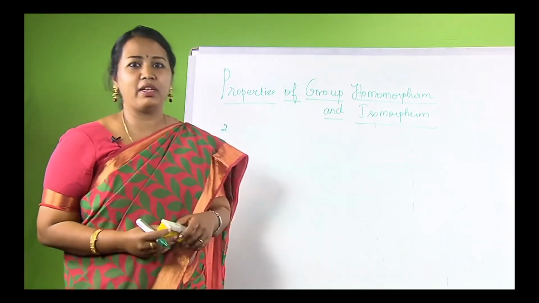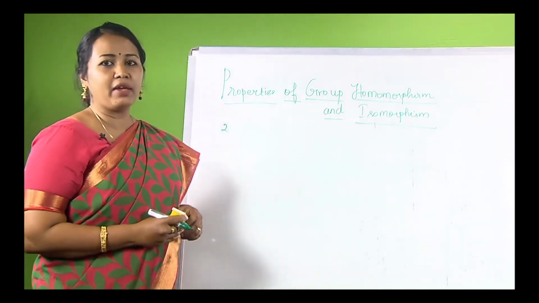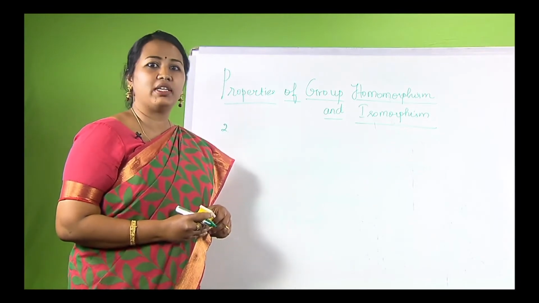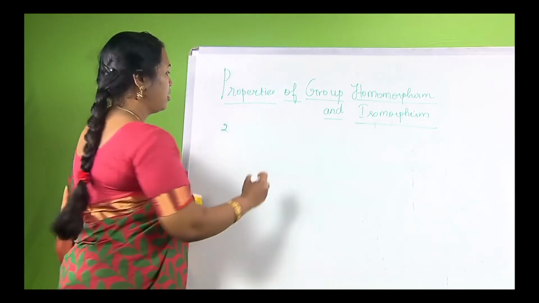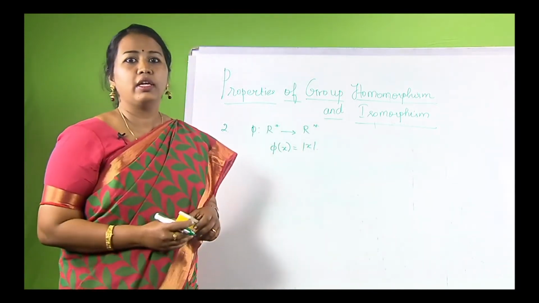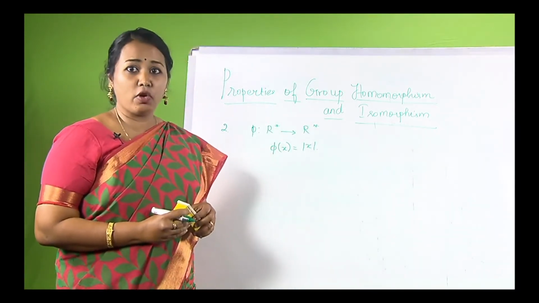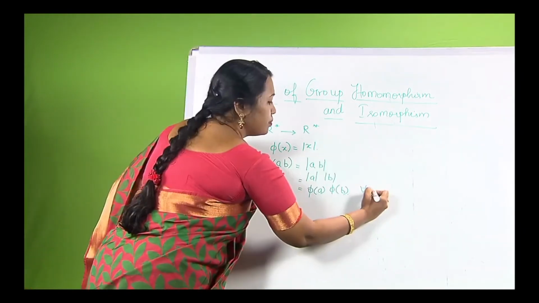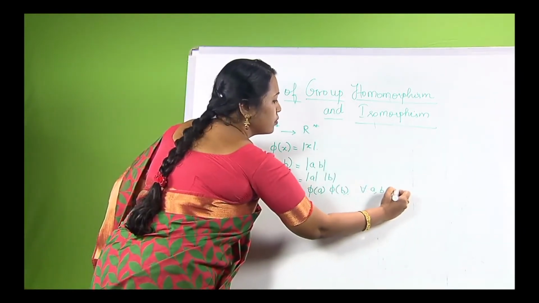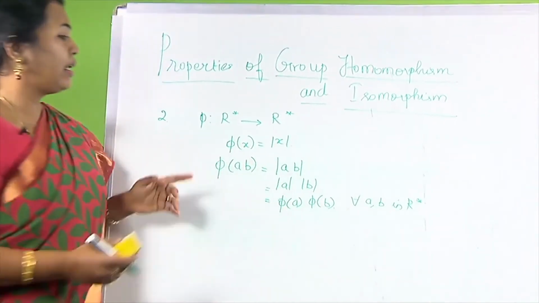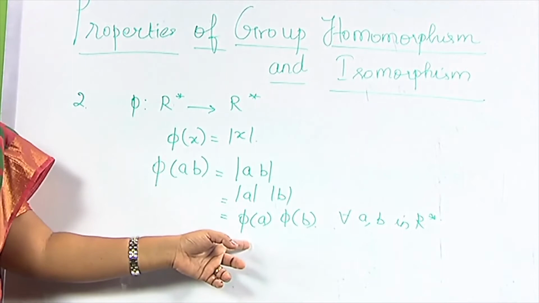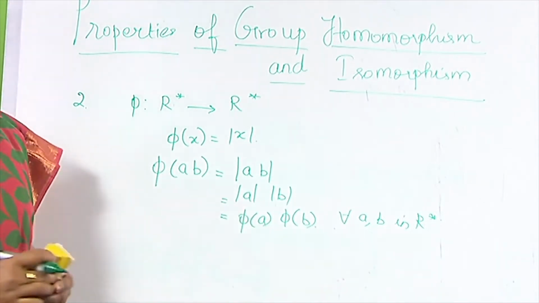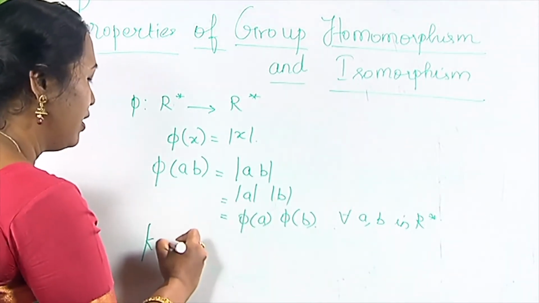Let us go to example number 2. Define the mapping phi from R star to R star by phi of x is equal to modulus x. Here, let us check this function for homomorphism. Clearly, it is a homomorphism because phi of AB is equal to phi of A times phi of B. Now, let us calculate the kernel.